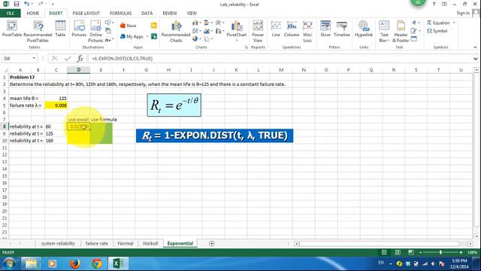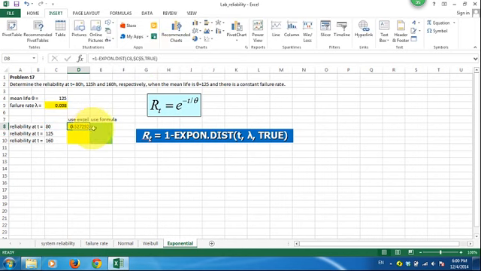Now I want to copy this function down for different t values so that you can obtain the reliability at different time points. Therefore I have to fix this C5 cell, this lambda, because the failure rate is not changing over time. The failure rate is a constant. So you press F4 to fix this cell, and the t value can change over the cells when you copy this down.